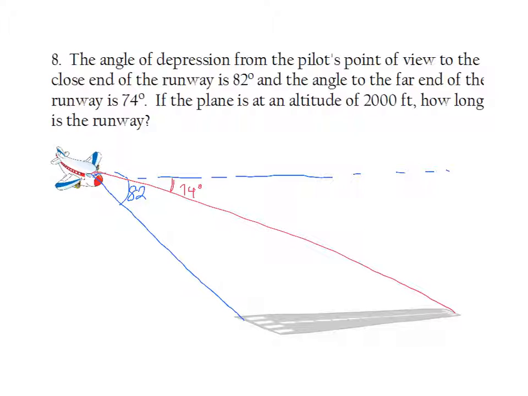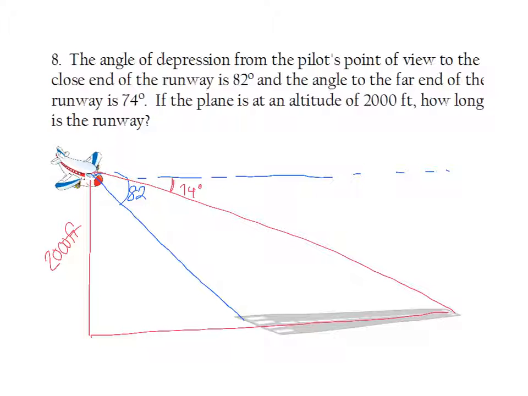But we know what the plane's altitude is. It's going to be right here. And that's 2,000 feet. I'm going to have two triangles going on again. I'm going to have my red triangle here. And then I'm going to have the blue triangle, which isn't really a right triangle.